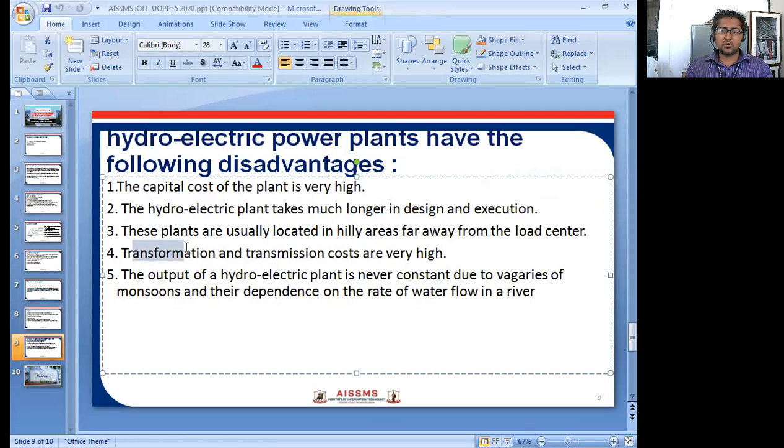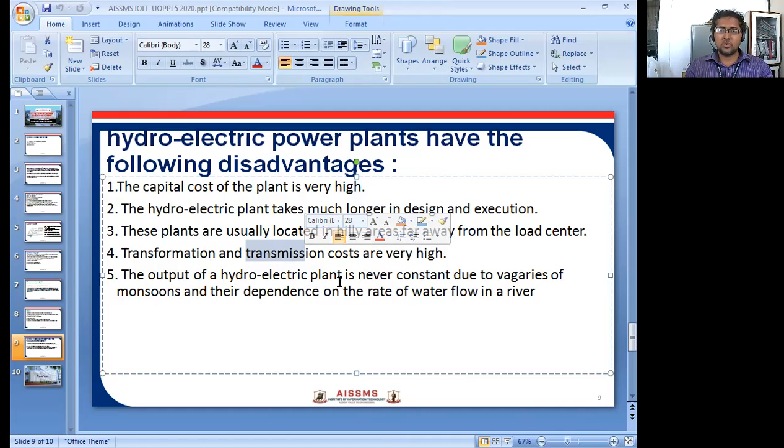Transformation in the sense of how the water will be transformed, and transmission means after the energy is generated, how it will be transmitted. So that cost will be high.